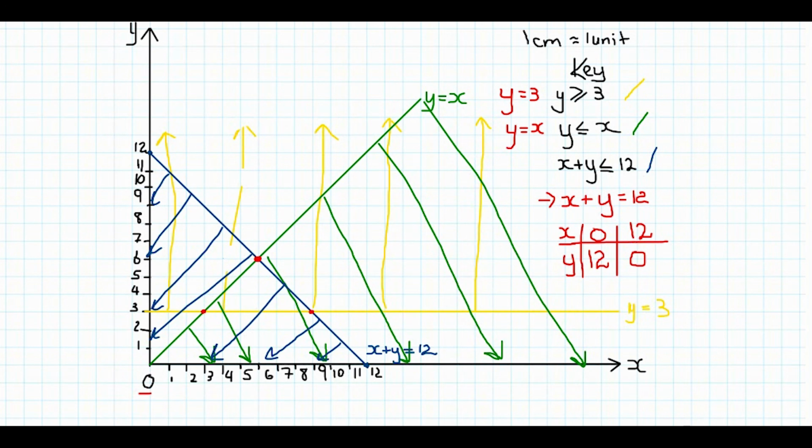Now, when it comes to linear programming, like I was saying, we need to get solutions. And where the solutions come from, this particular little region, it's called a feasibility region. Within that feasibility region will come all your solutions to your problem.